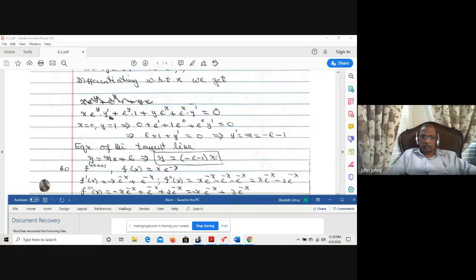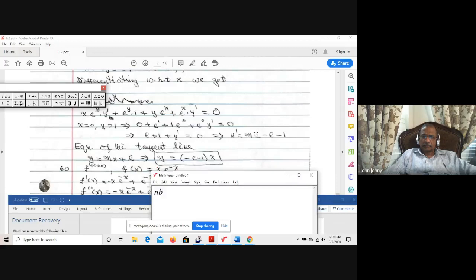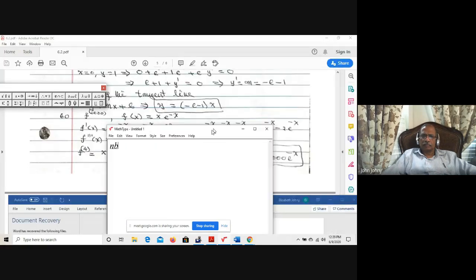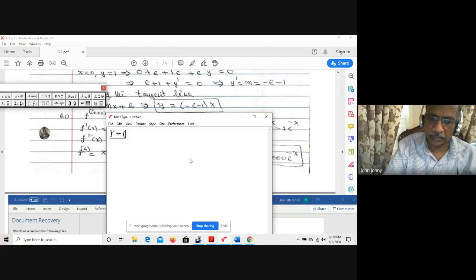I'm sorry. There is a 1 here. So please correct it. y is equal to mx plus b. m is negative e minus 1. So it is negative e minus 1 times x, plus 1 is there. So the answer here is, please correct that. The answer here is y is equal to m, that is negative e minus 1, x plus 1.